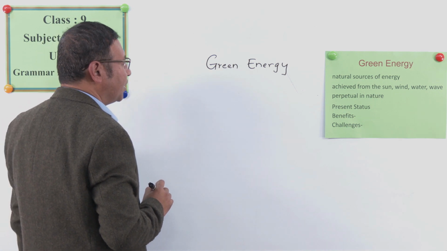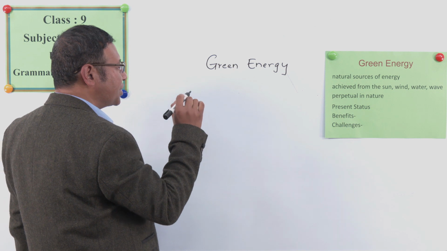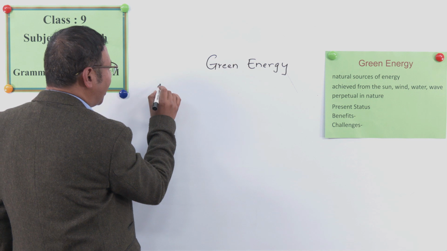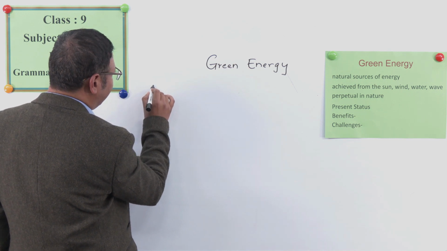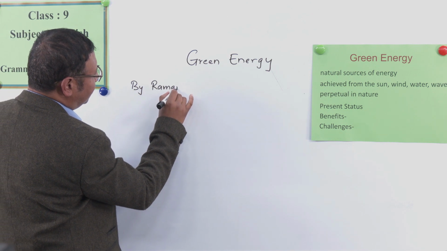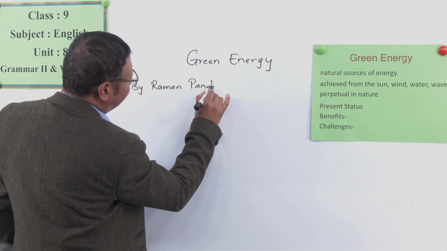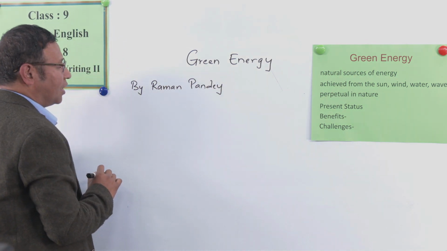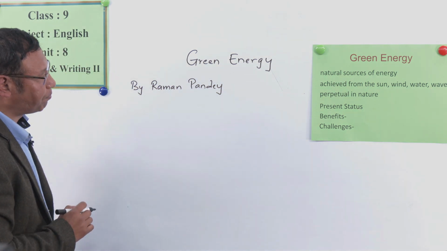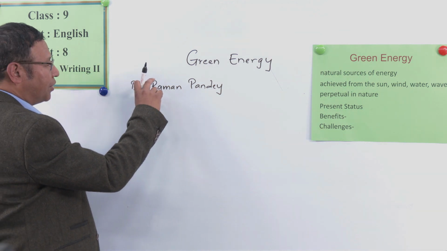You want to send this to Kathmandu Post or any other newspaper, and so you write your name, by Raman Pandey. Sometimes you can write the place, but it's not necessary. So this is all about your byline.